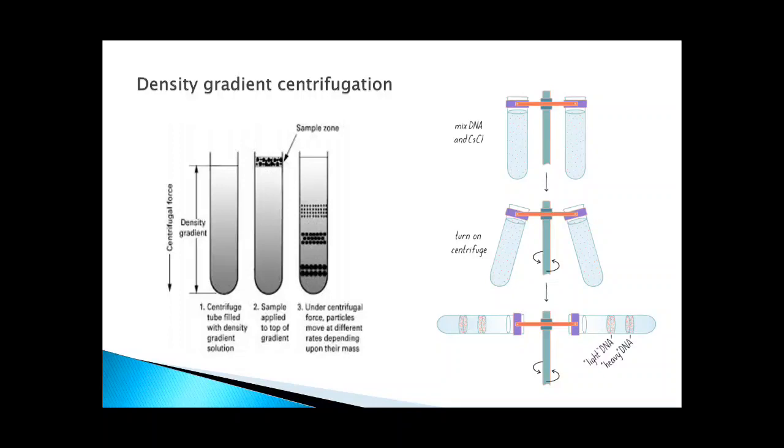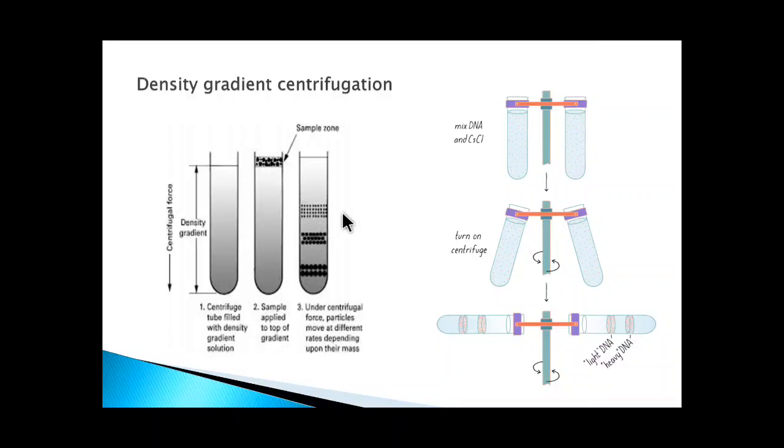Based on these, the results were obtained and the interpretation was done. Now centrifugation is based on the fact that the separation of particles occurs into zones on the basis of their density differences.